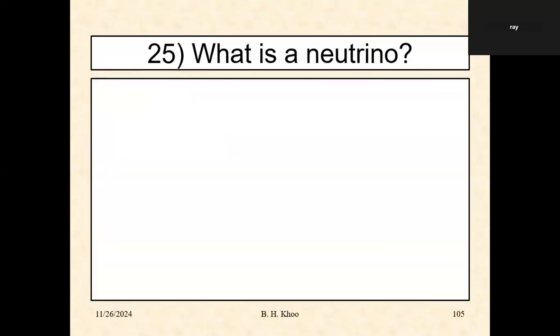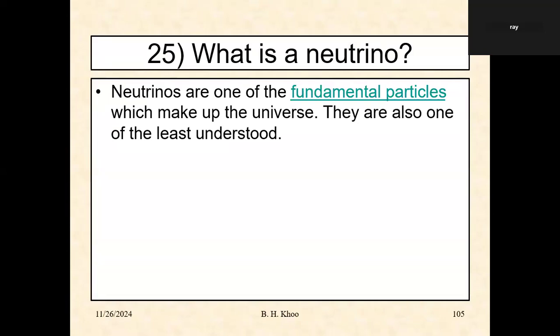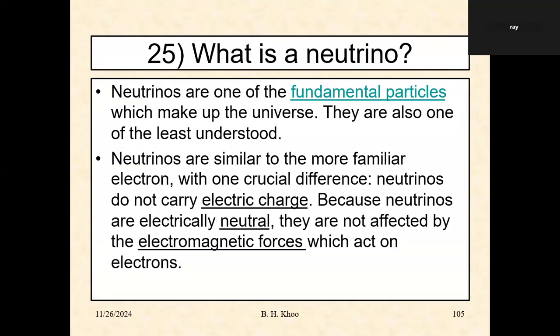What is a neutrino? Neutrinos are one of the fundamental particles which make up the universe. They are also one of the least understood. Neutrinos are similar to the more familiar electron, with one crucial difference. Neutrinos do not carry electric charge.